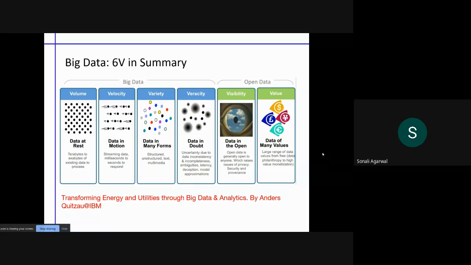Then the last part is the value part. So we have to see that ultimately we are retrieving the information to have certain value. Okay. And if we talk about this current scenario of big data, this value part is full of variation.